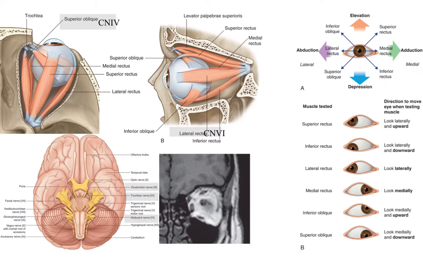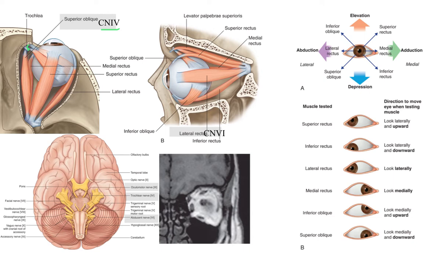All right, so on this slide we're going to start by talking about cranial nerve 4 and 6 because those are the weird ones. So cranial nerve 4 is known as the trochlear nerve, and right here you see within the orbit this structure called the trochlea, which if you remember from the humerus means pulley.